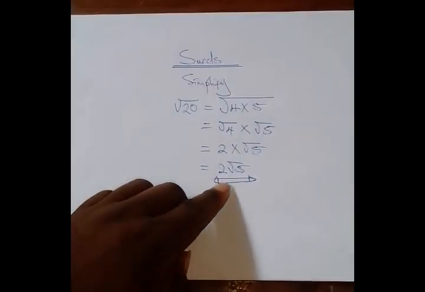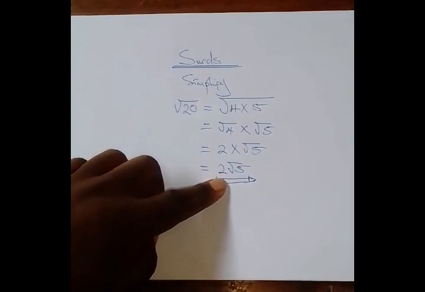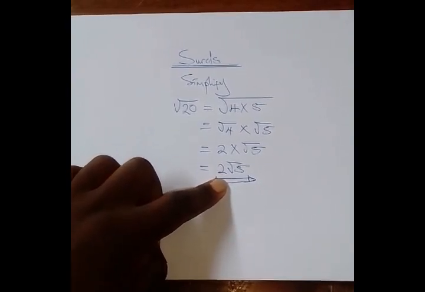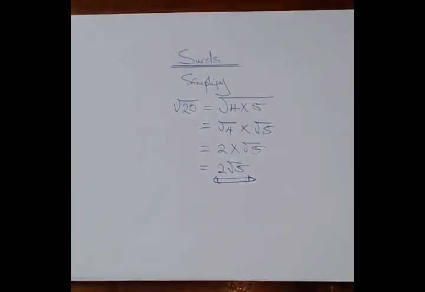So this one and this one are the same, but this one is a simplified form. It is now a simplified problem. So many questions come like that. Many irrational numbers come in their square root, and the examiner needs us to simplify those irrational numbers into their simplest form.